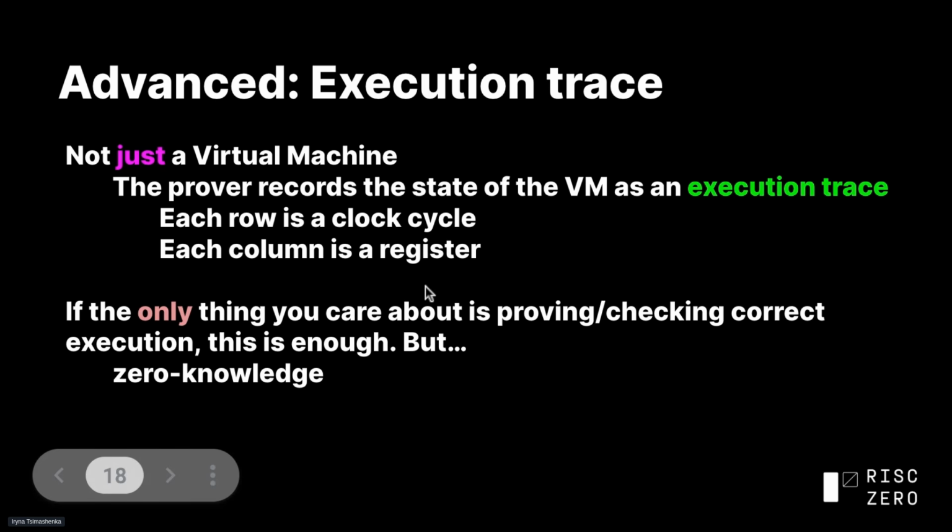This execution trace is sent as input to the prover, and the prover proves that it's been run correctly. If we only needed to check the correct execution, that would be enough. But we also need to generate a zero knowledge proof. So that's where we need to go a bit further.